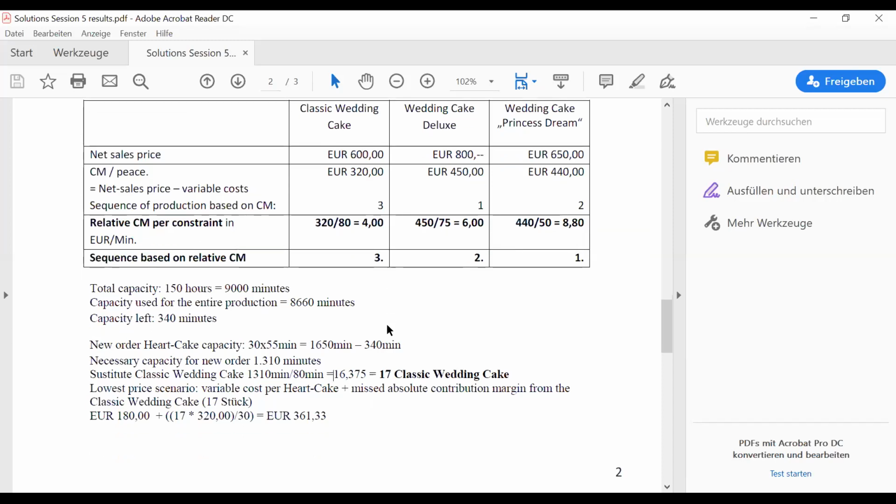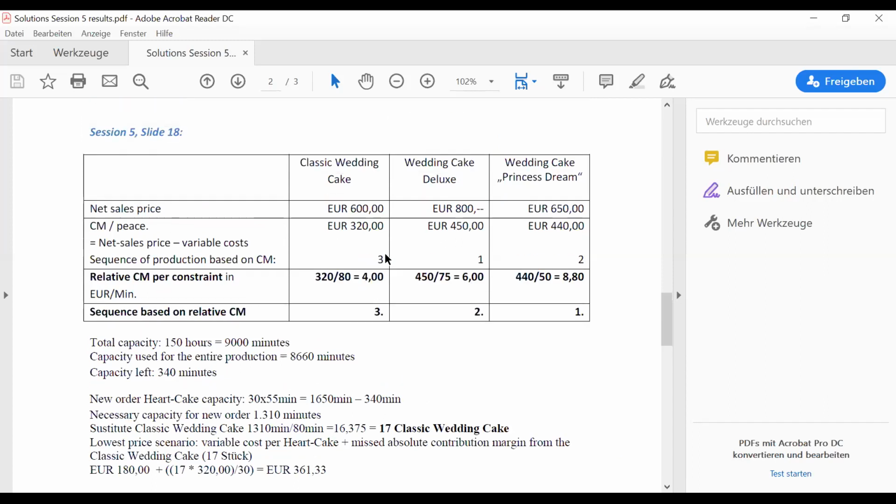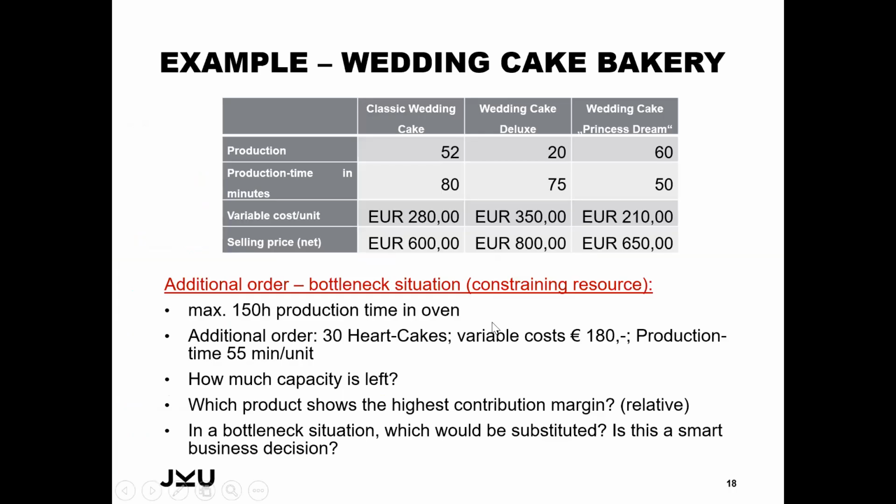And now, in order to produce the hard cakes, we need to calculate. Let's go back to our original slide. We need to again calculate how many cakes we have to remove. Why?